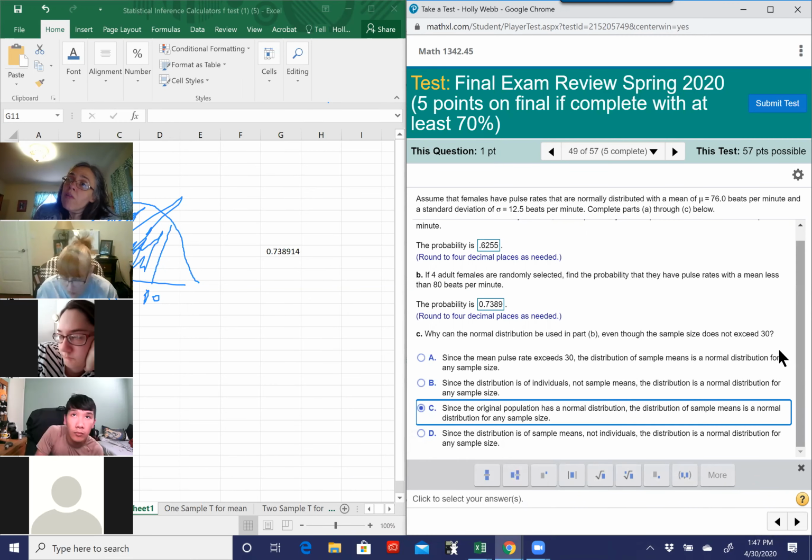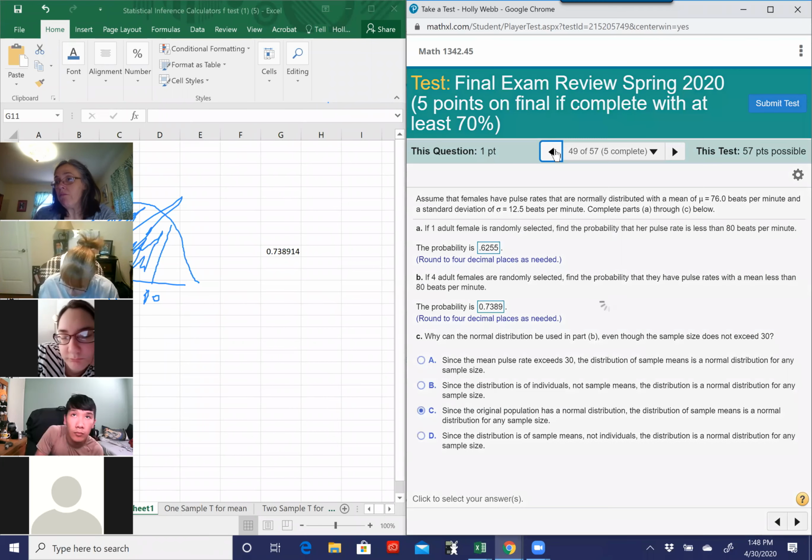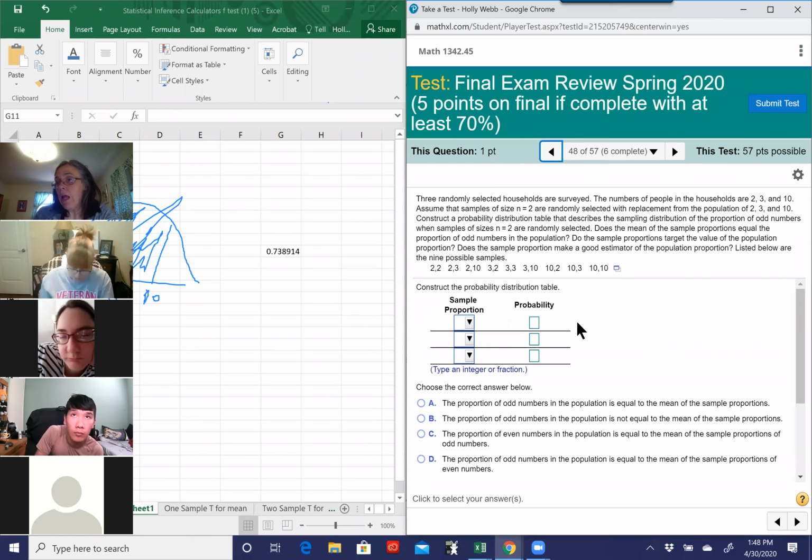Okay, this was the central limit theorem, so that was 6.4. And then I wanted to look at a 6.3 question because remember 6.3 was a little challenging. 6.3 was where we first started to see sample statistics as estimating population proportions.